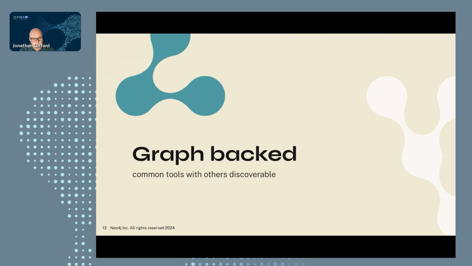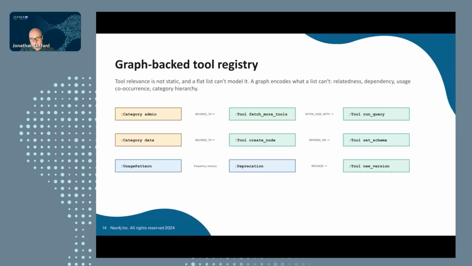So the middle approach, the balanced approach, if you like, when we looked at that initial slide, this is where we've got a graph sitting behind our MCP server. And here, what we're doing is we're using our knowledge we've encoded in our graph to help with our registry of tools.